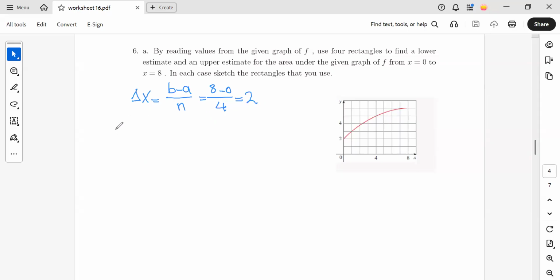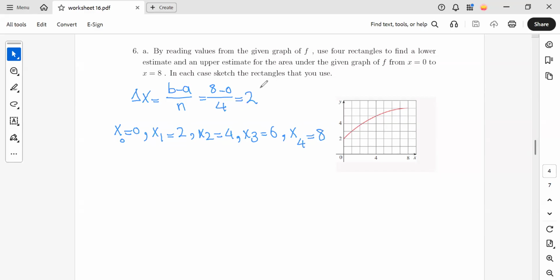Starting with the first one, which is 0, we would add delta x, which is x sub 1, will be 2. x sub 2 will be adding 2 to the previous one, which is 4. x sub 3 adding 2 to the previous one, which is 6. And the last one, x sub 4, adding 2 to the previous one, is 8.